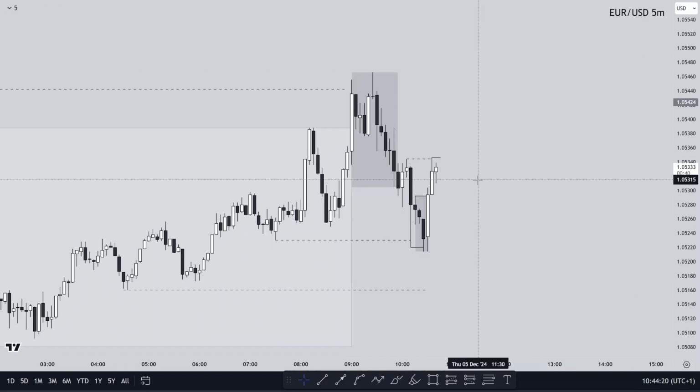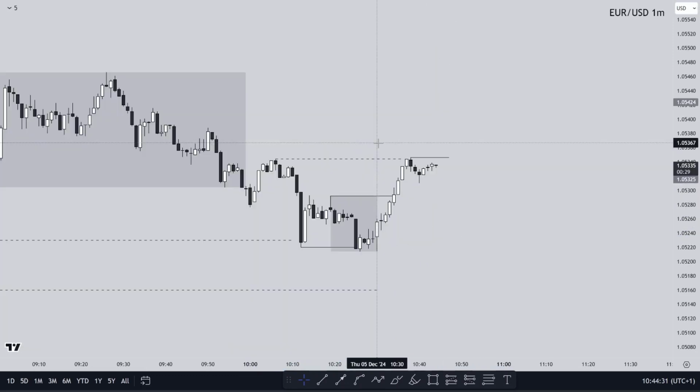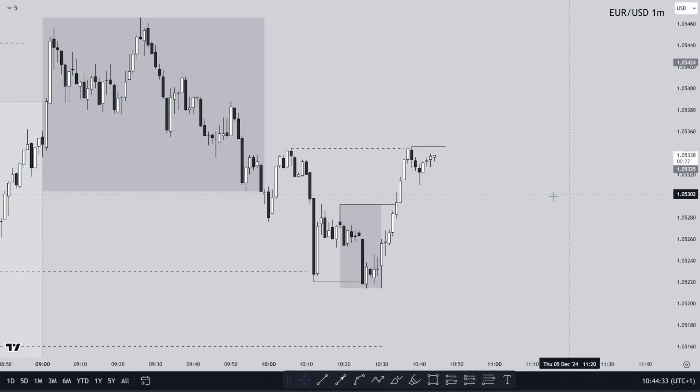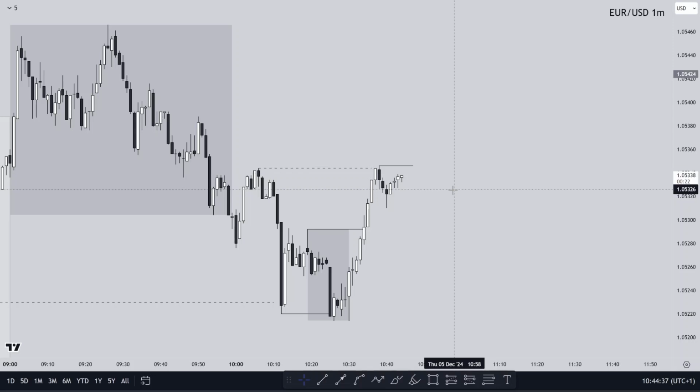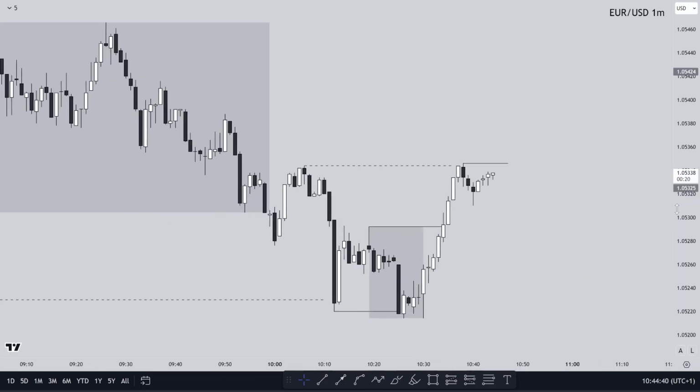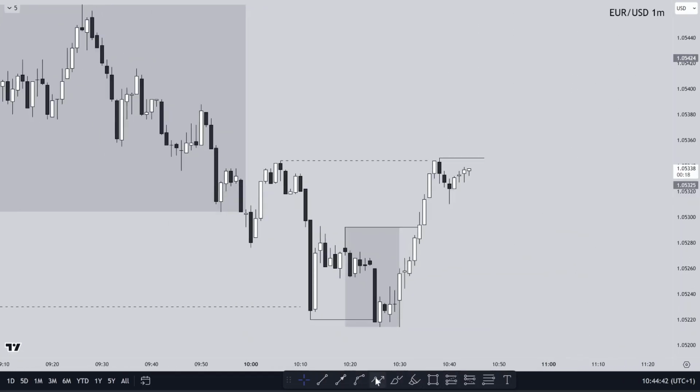Yeah, it's the same. As you can see here, price rejected this level perfectly. So very, very good. And now let's see. The main setup, as I already said, is this one.